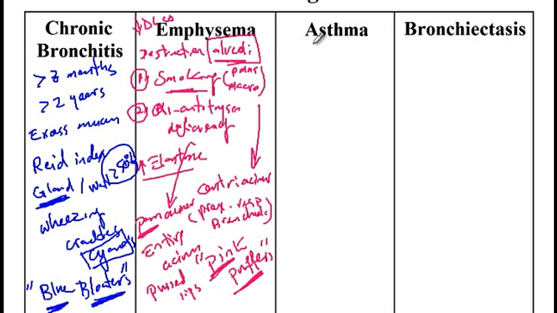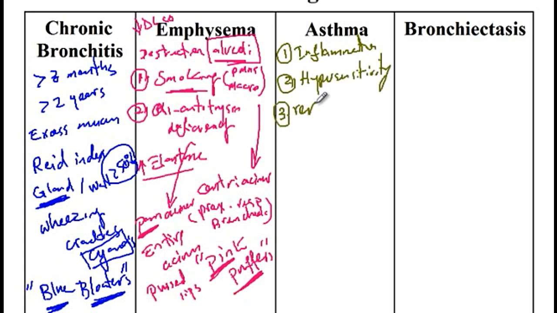The next condition is asthma, and these patients present with the triad of the inflammation, hypersensitivity, as well as the reversible obstruction.